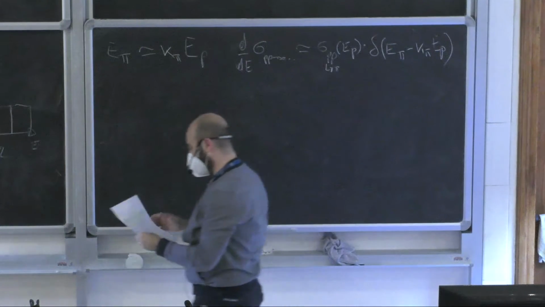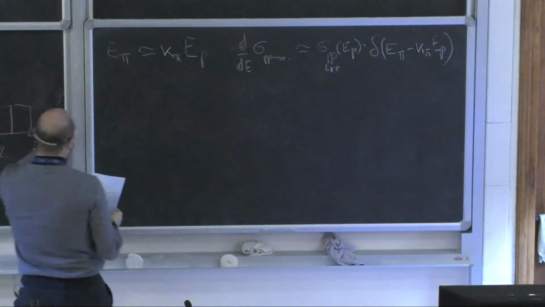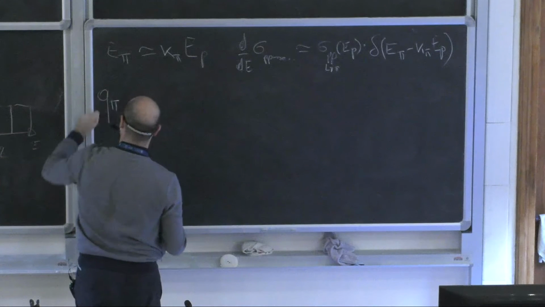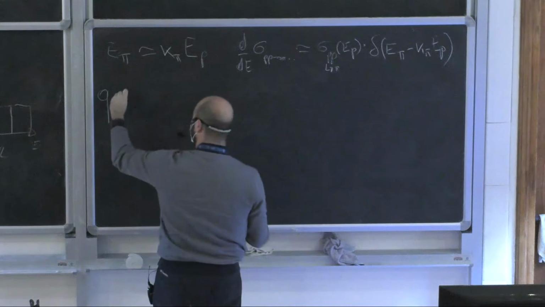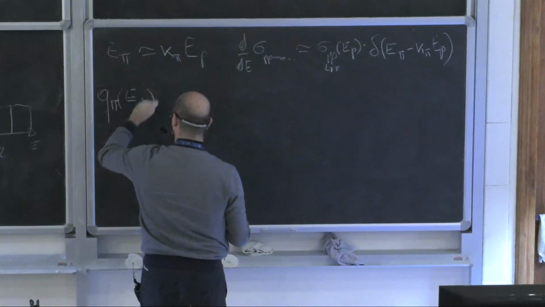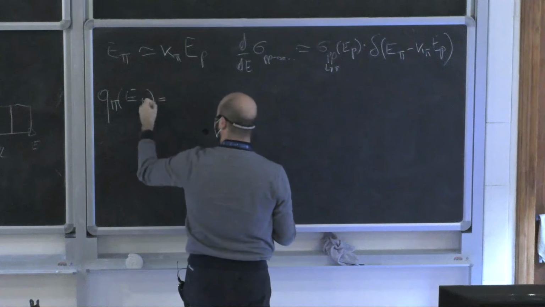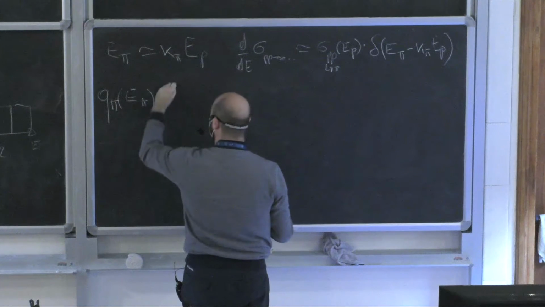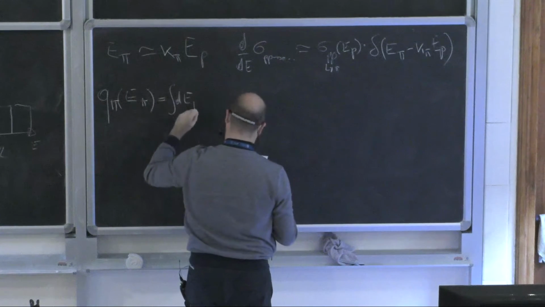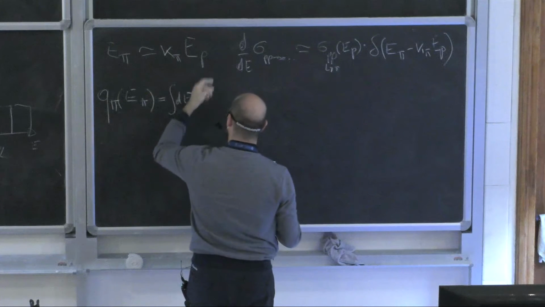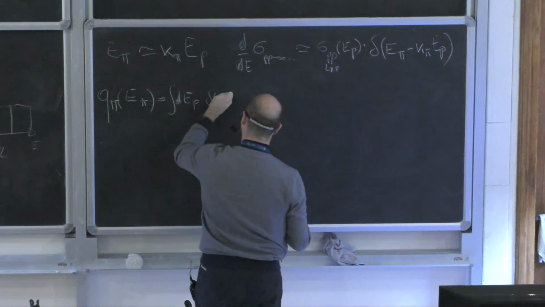Otherwise, you need the more complete expression. So the first step, the pion source term as a function of energy of the pion is related to the proton parent spectrum that produces it by this approximation.